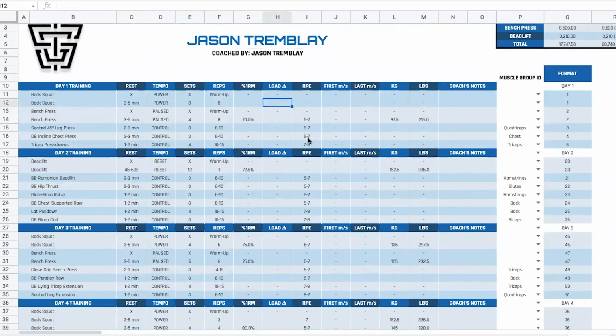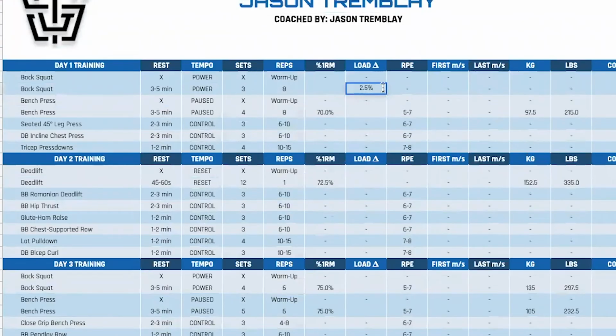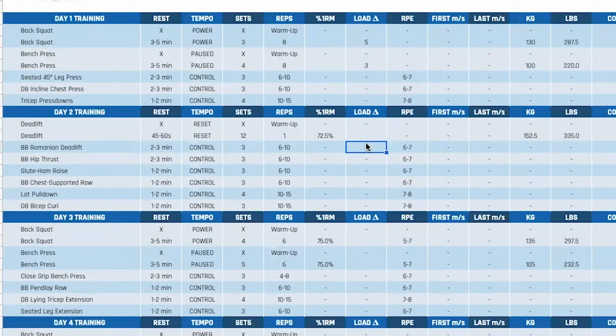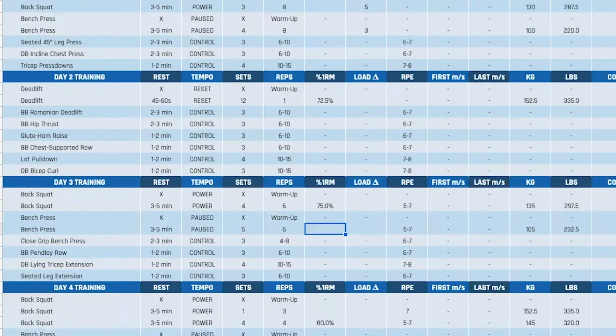In the load column here, you can type in that I want to add 2.5 or 0 or negative 2.5. And it's going to change the weight based on last week's weight for that exercise. So maybe we'll just progress squat by 5 kilos and bench by 2.5 for this week.